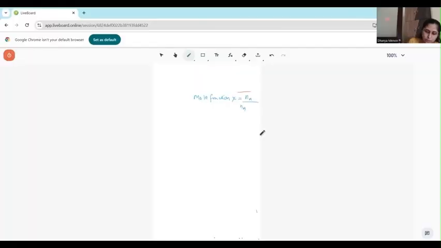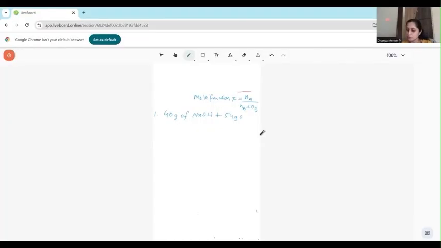Okay. Now the first question is 40 grams of NaOH and 54 grams of water. This is our mixture.